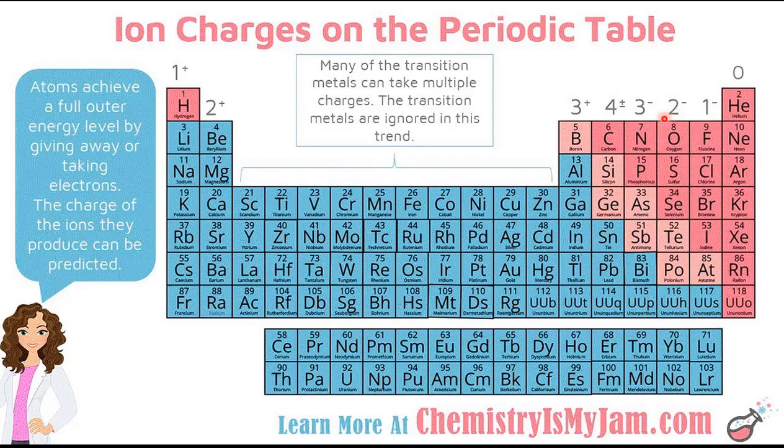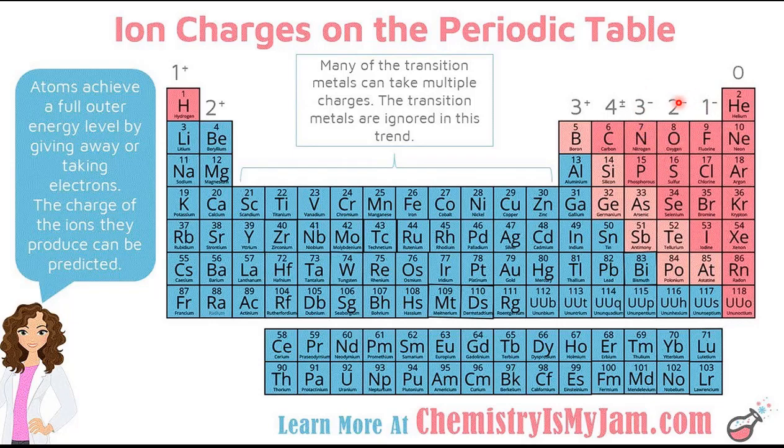Whereas our nonmetals are going to gain electrons in order to become like their nearest noble gas. And so we can count over to see how many electrons we would gain, right? So if we're talking about nitrogen, we would count towards the noble gas, 1, 2, 3. So nitrogen would like to pick up 3 electrons.